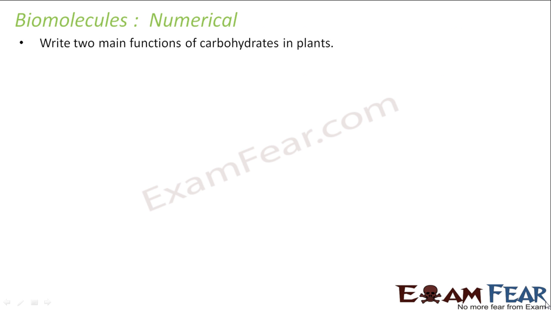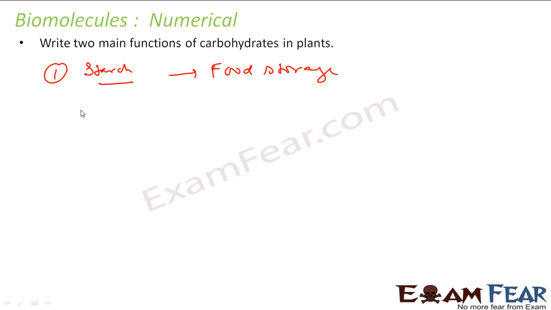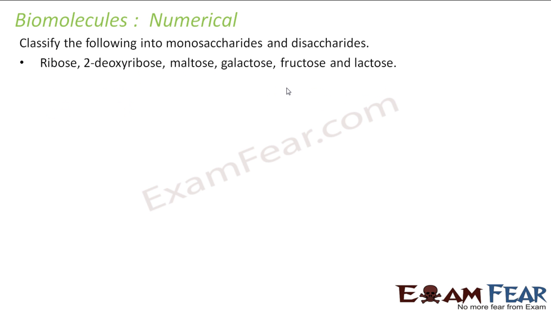Main functions of carbohydrates in plants. One is starch, a carbohydrate that is used as food storage, and the other is cellulose, that is used to build the cell wall. We have discussed this. If you want to know in more detail, you can watch the video where we discussed these carbohydrates.